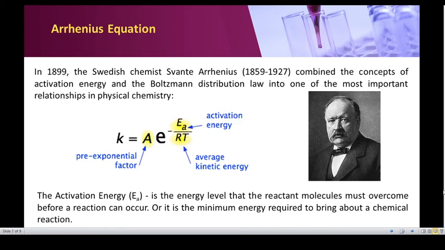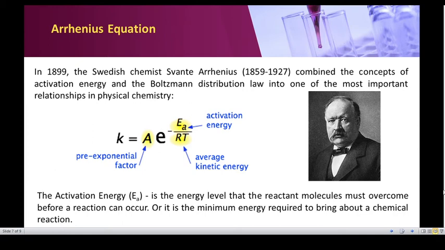Now let us see what the Arrhenius equation is. This was an important equation to find out the activation energy, given by Svante Arrhenius in 1899. He combined the concepts of activation energy and the Boltzmann distribution law into one of the most important equations in physical chemistry.